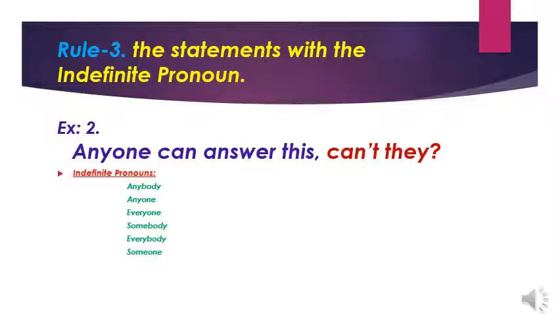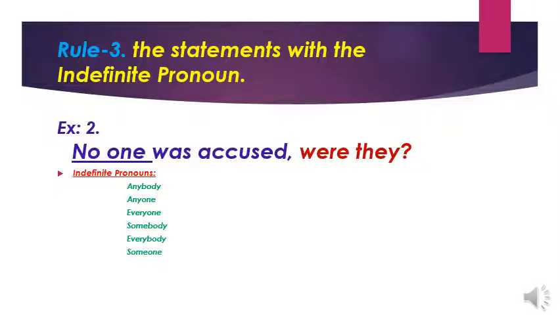This is a positive statement. I am going to make a negative statement, so the word is can't. Now, the personal pronoun to be taken is they. So, the tag is can't they. Now, the answer is anyone can answer this, can't they?